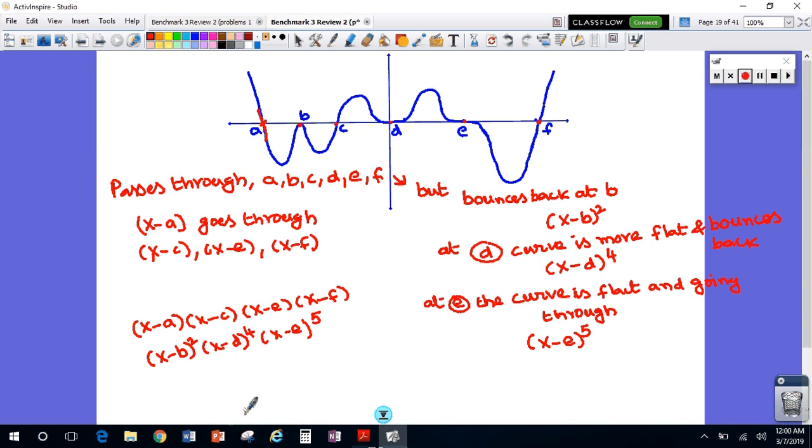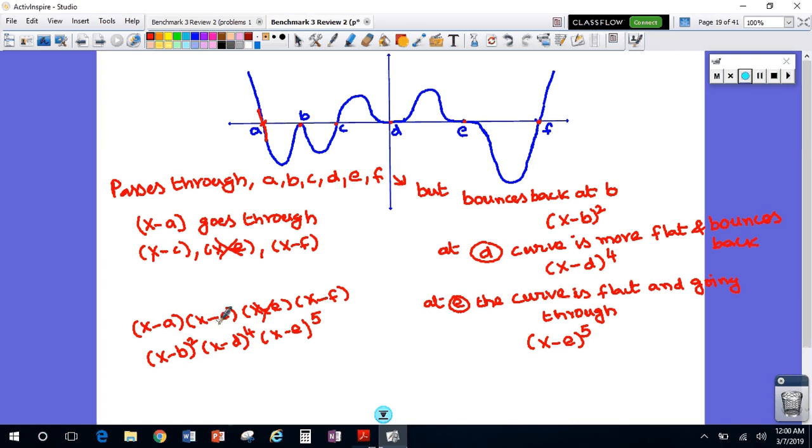But why is x minus e repeated twice here? It is going through, but it is more flat, so I can take out this one. So this is your final expression.